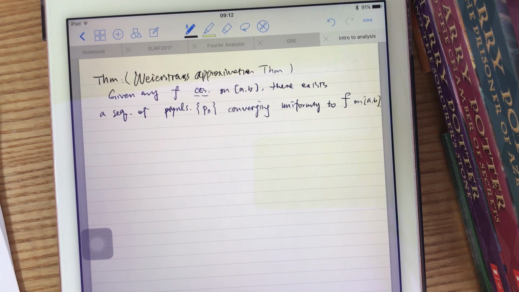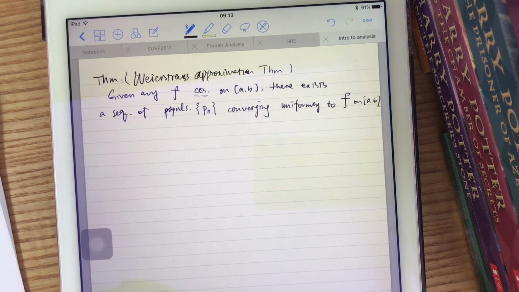So how are we going to prove that? To prove there exists such a sequence of polynomials, we are trying to construct such a sequence of polynomials, right? So how are we going to construct this sequence? We will need some help.